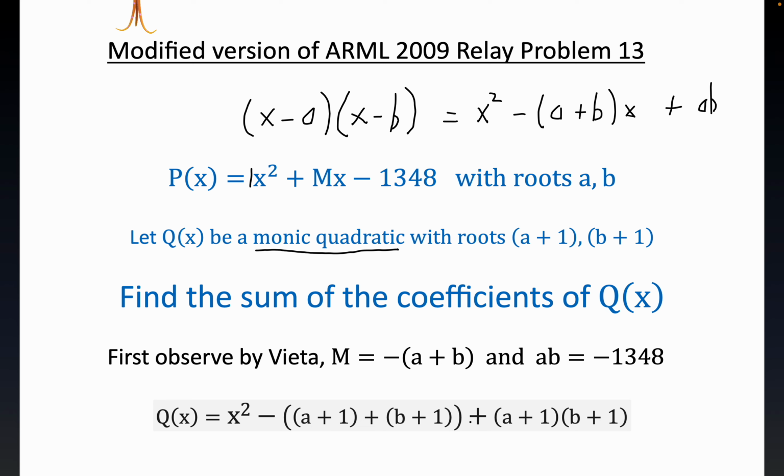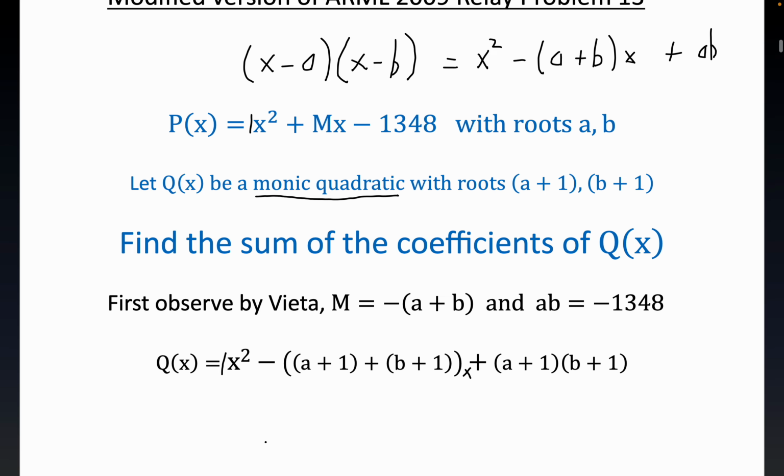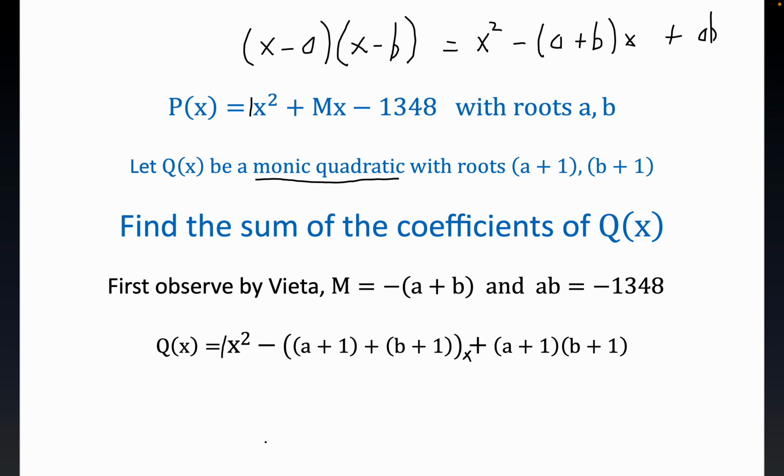There should be an x right there, okay? Now, what are we supposed to do? We're supposed to sum the coefficients. And again, think of a plus 1 being here and b plus 1 being here. This is what would happen, okay?